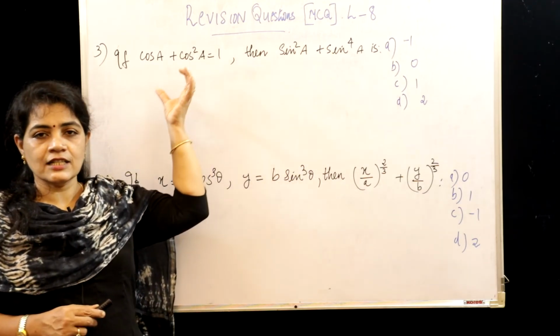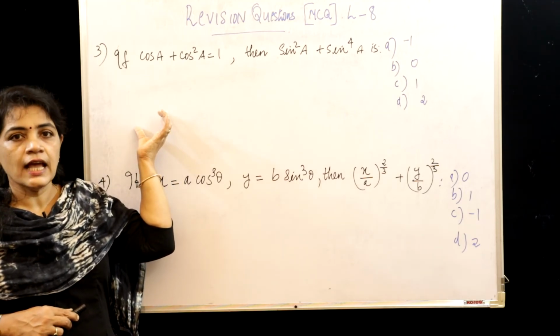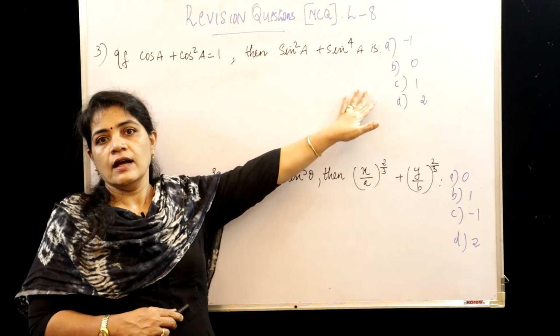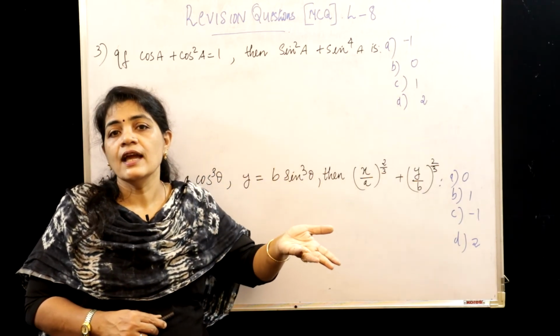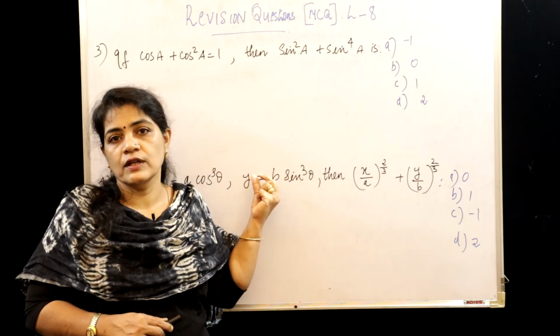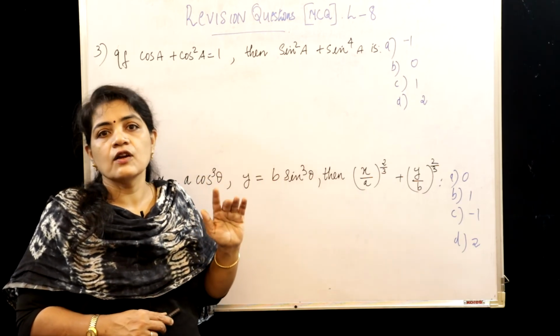We have been given the equation in terms of cos, and we should get the answer in terms of sin. We have the identity sin square A plus cos square A equal to 1. That is the identity we are going to apply in order to get this answer. We can start from what is given.